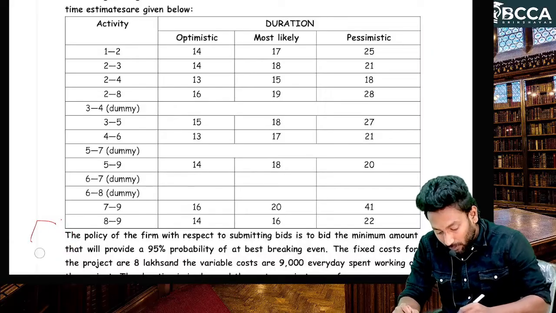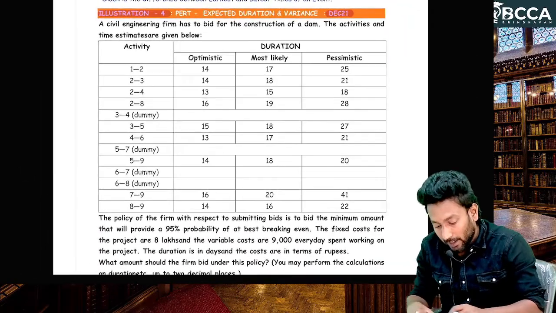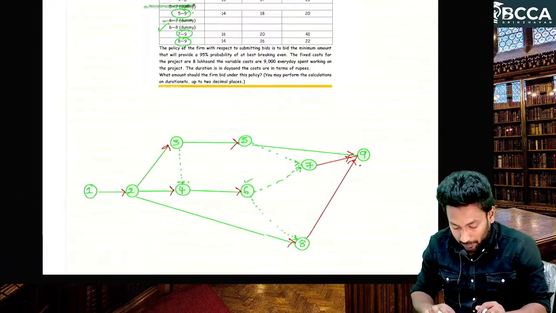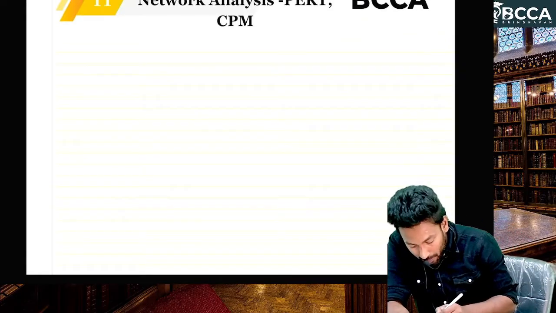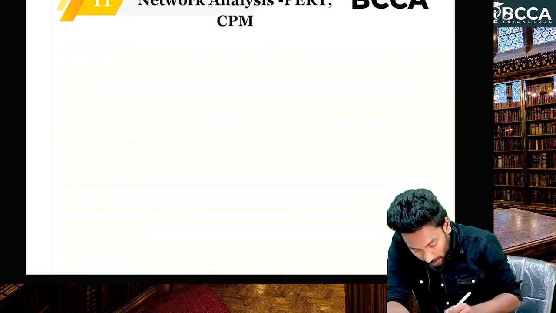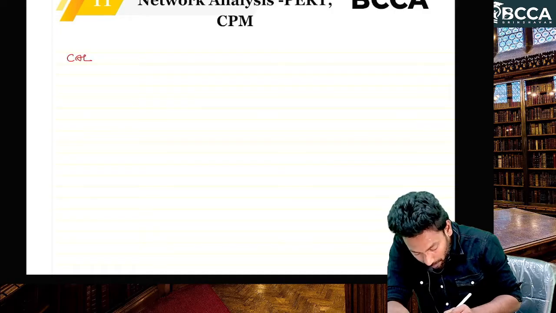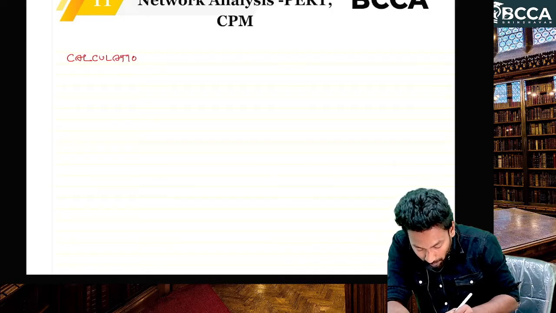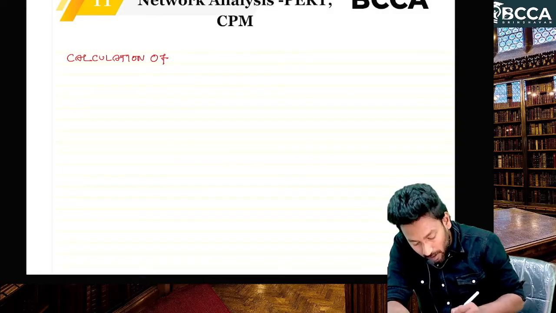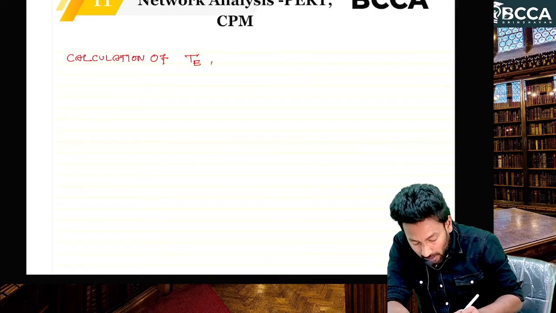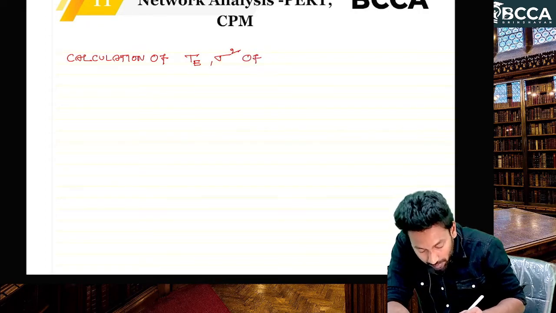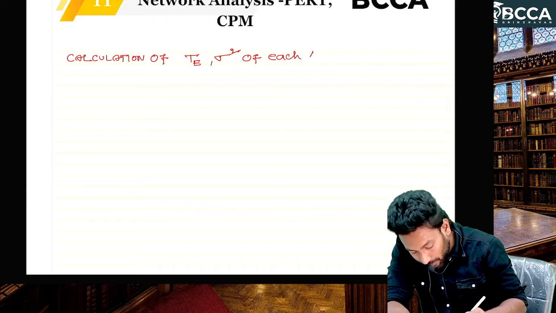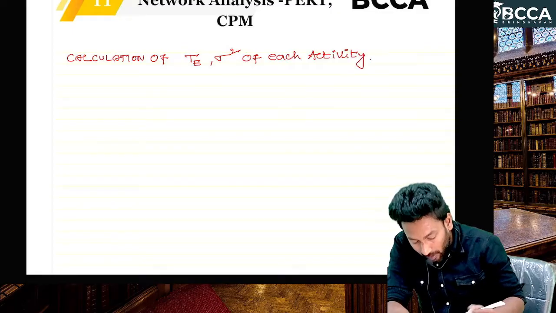Okay, take a side heading: calculation of TE, that means expected time, and sigma square, that means variance, of each activity. Each activity.